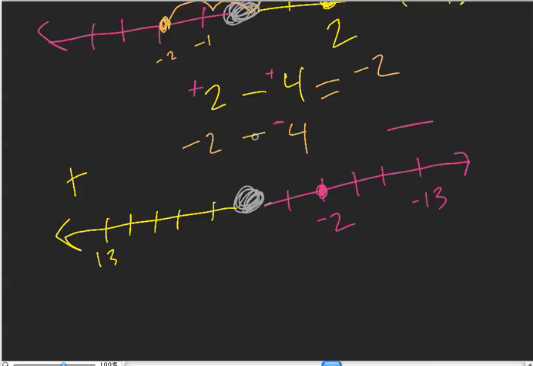Now I have minus 2 minus 4, and that looks weird. There's a lot of negatives there. But really, all I do is the same thing I did before. I had minus 2, and I'm subtracting negative 4 from it, so I'm moving 4 negatives away: 1, 2, 3, 4. And I end up at positive 2. I didn't do any of the double negative equals a positive that you're used to.